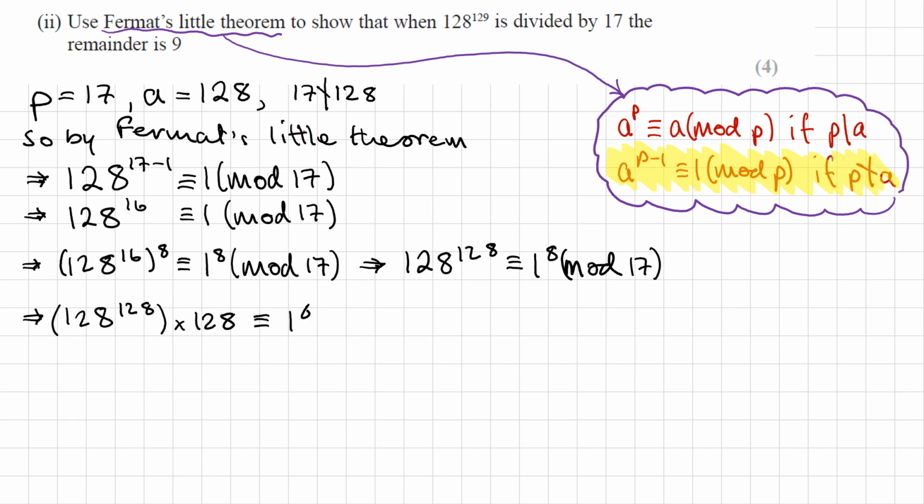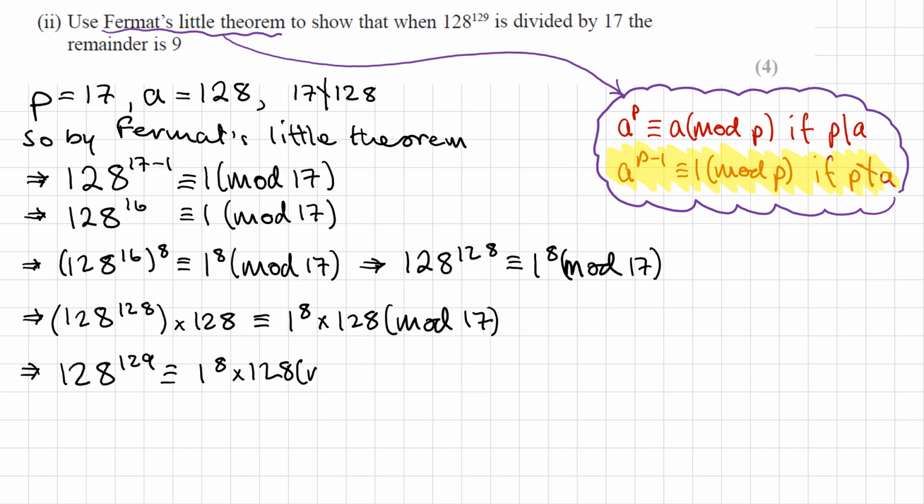So if I do that to the other side as well, then what we'll have is 128 to the power 129, which is what we want, is congruent to 1 to the power 8 times 128 modulo 17. Now we can simplify the right hand side so that we have basically just 128.